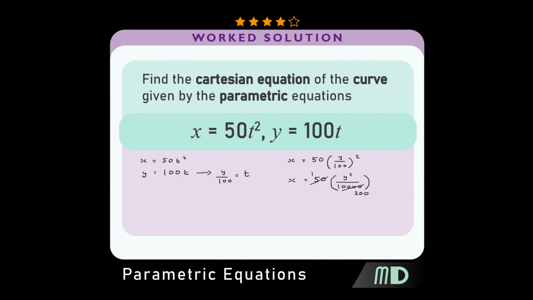So we can simplify the fraction to get x equal to y squared divided by 200.